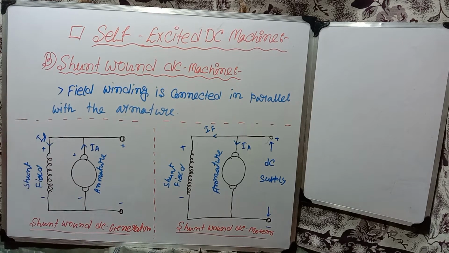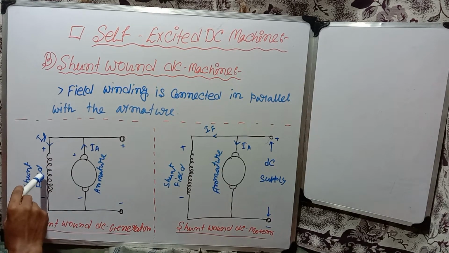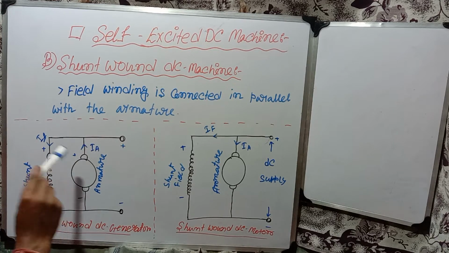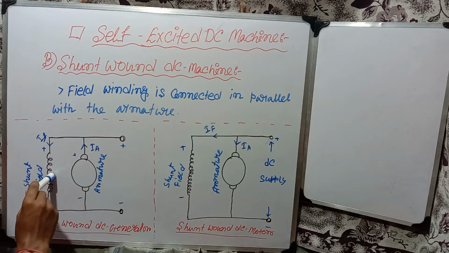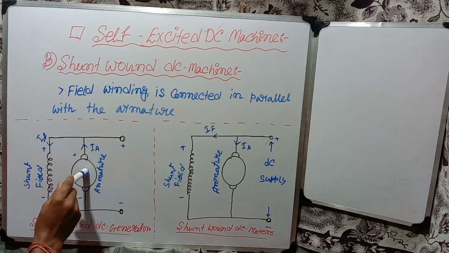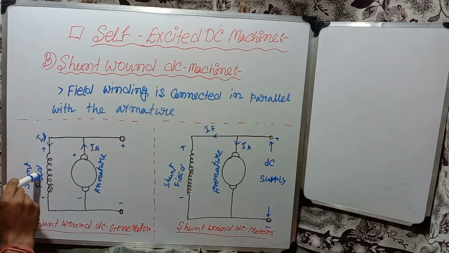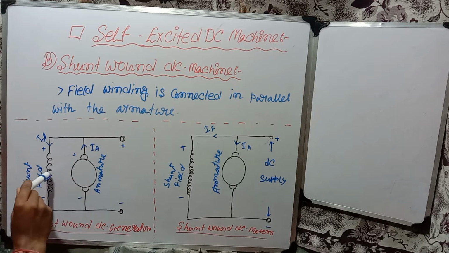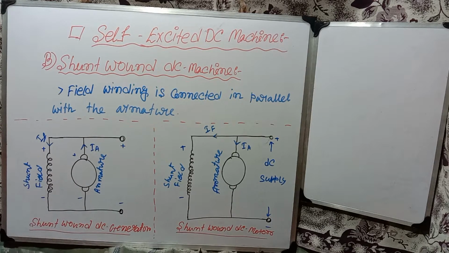From this diagram we can see the field winding is connected in parallel with the armature. In this diagram we can see the armature and the shunt field are both connected in parallel.